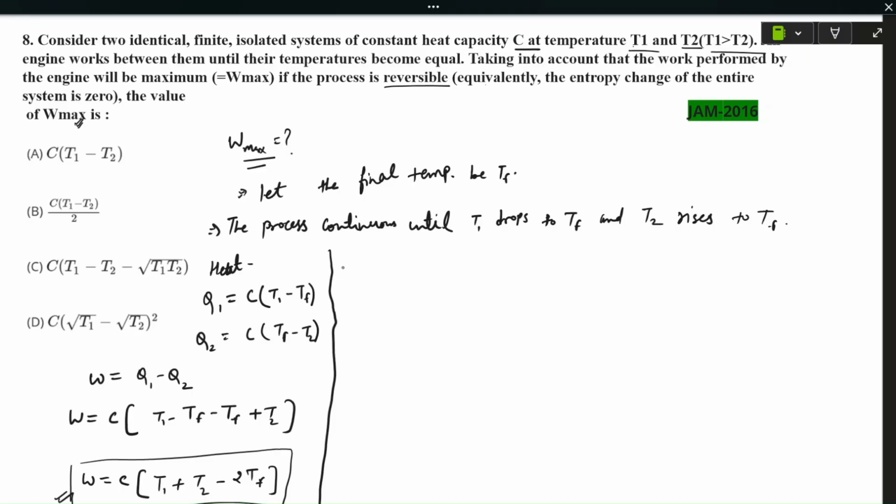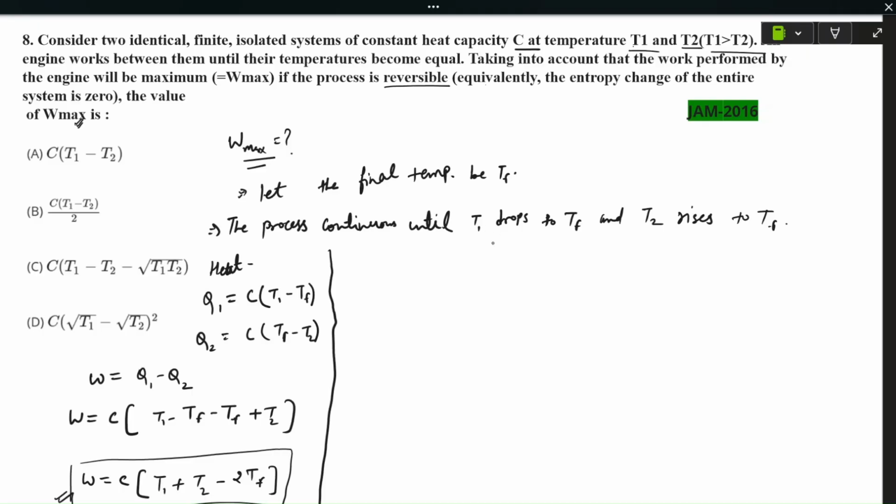Since no reservoir is attached to the system, the given heat will go to a mean temperature.